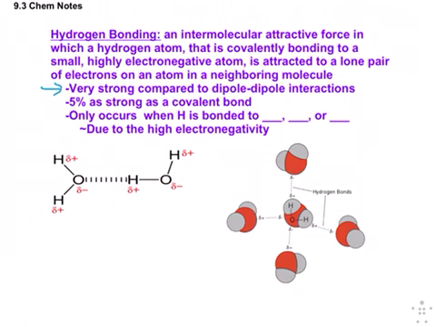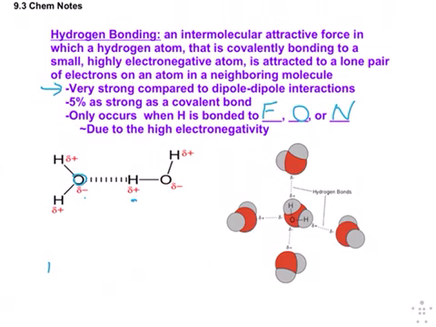Hydrogen bonds will only occur if your hydrogen is bonded to these three atoms: fluorine, oxygen, or nitrogen. So water has hydrogen bonds because hydrogen is bonded to an oxygen. So when water molecules are placed near one another, this oxygen is going to be attracted to this hydrogen because this oxygen is partially negative.